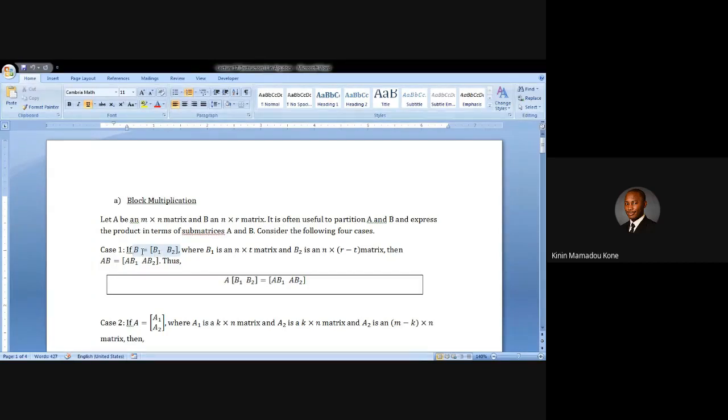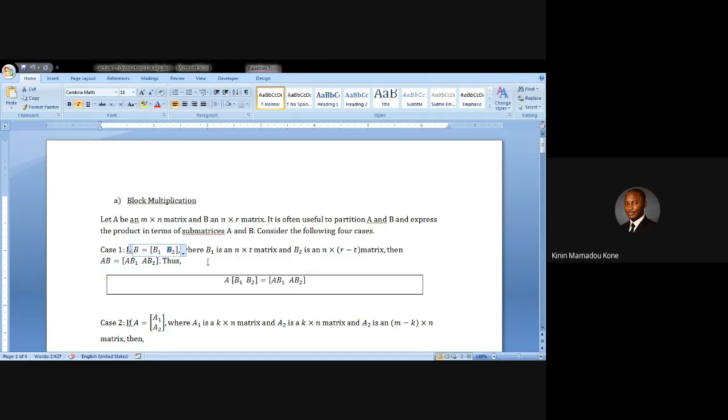If B is equal to B1, B2, so you take the matrix B and subdivide it into one block called B1 and another block called B2. B1 is an N by t matrix, and B2 is an N by R minus t matrix.